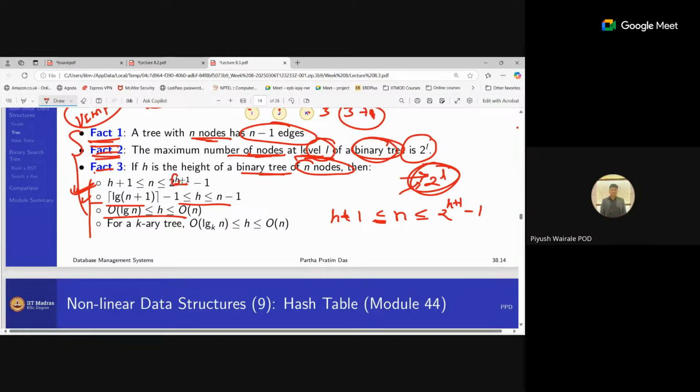Here we are considering H as L. So height is basically the maximum level, considering the root node at 0. Unless we mention that the root node is 1, always assume that the root node is at level 0, unless it is mentioned in the question.